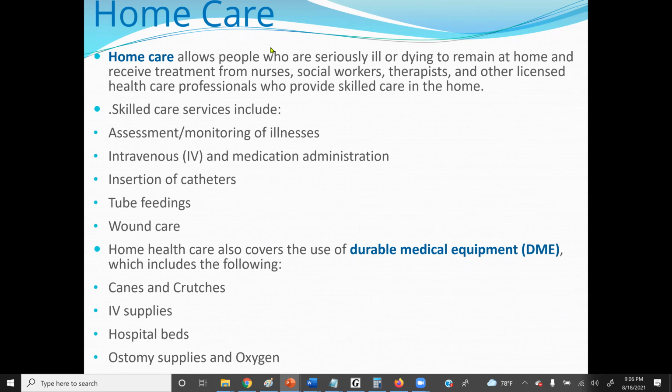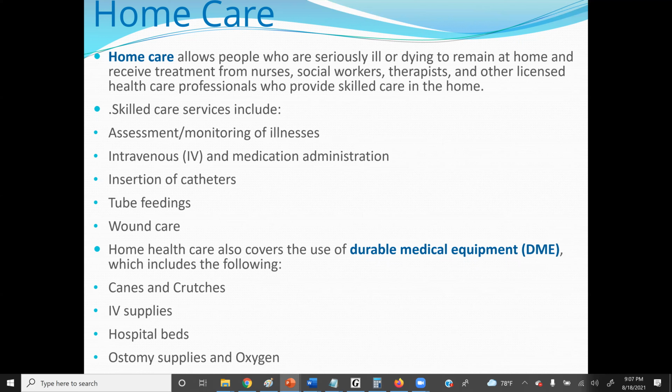Next is the home care. So home care normally allows people who are seriously ill or dying or very, very old to remain at home and receive treatment from nurses, social workers, therapists, and other licensed healthcare professionals who provide skilled care in the home.